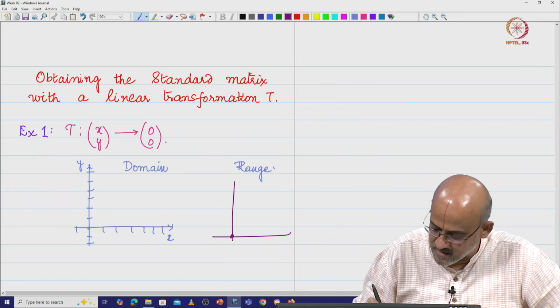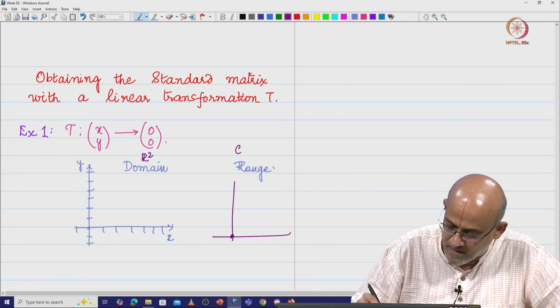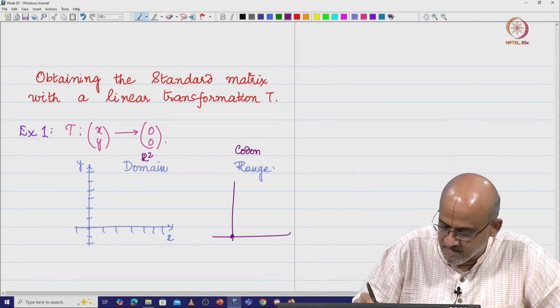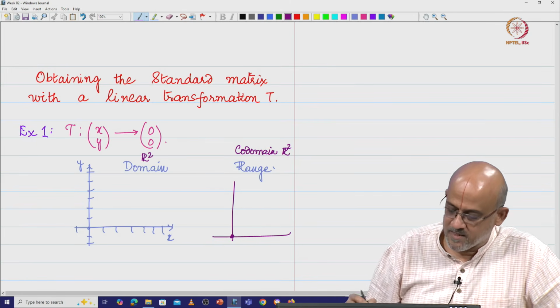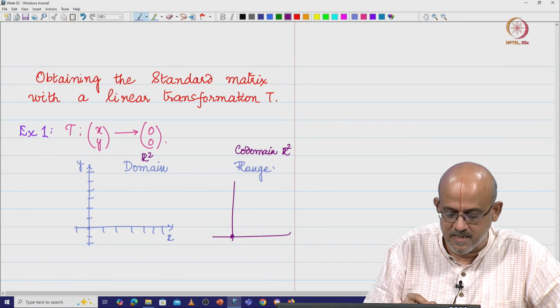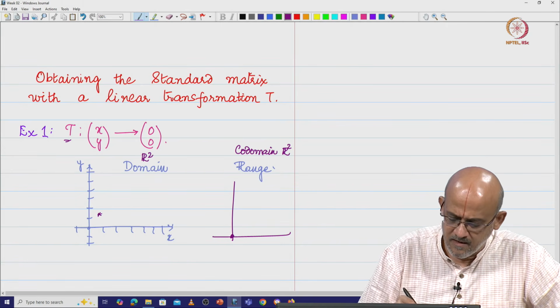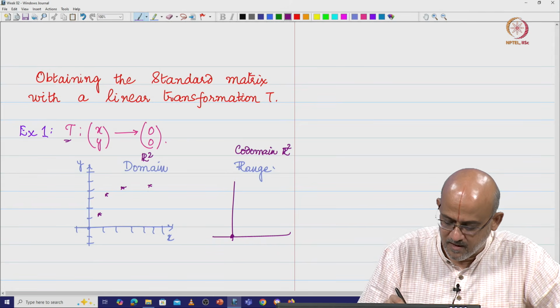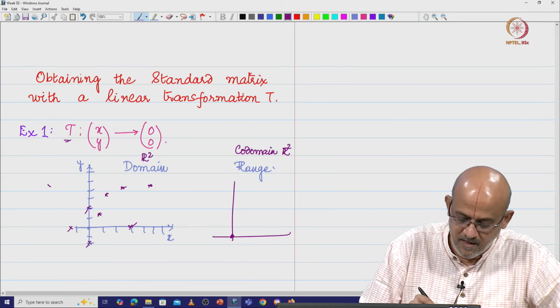So it is a mapping where we know that the domain is R2, and the codomain is also R2 in this case. But what is the range? Every vector in R2, this transformation T is going to map to the 0 vector. That is pretty interesting. All the infinitely many vectors that you have, be it on the x axis, on the y axis, negative this, negative that, anywhere here.